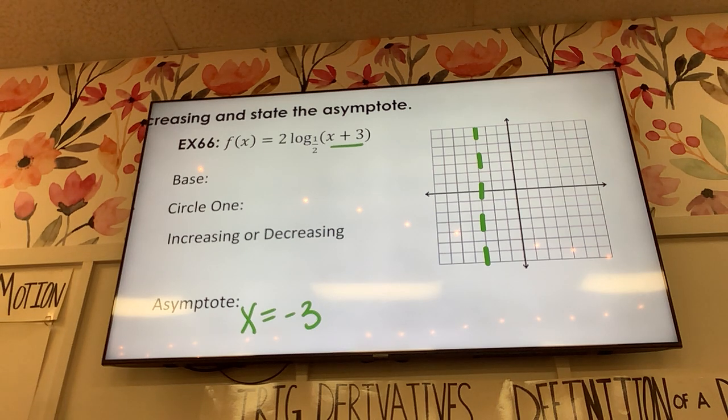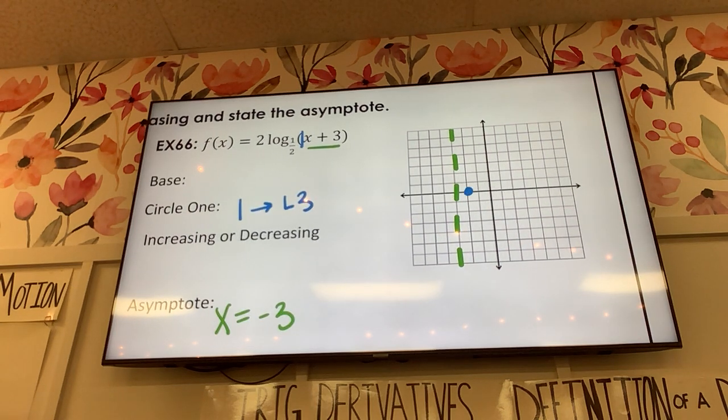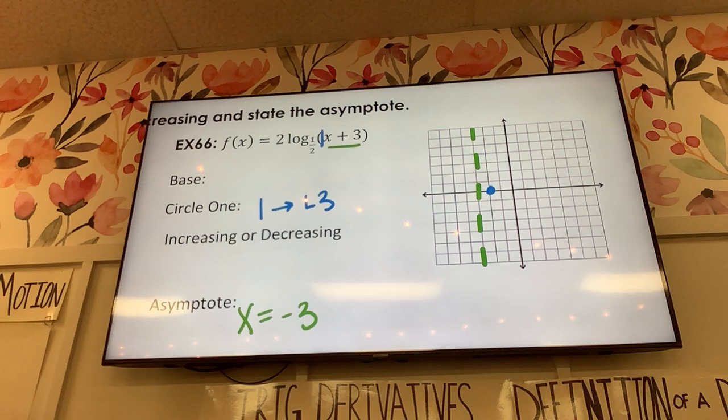All right, then I have to do my initial condition, which is coming from that understood 1 in front of the x. And it's getting shifted left 3. That's the only shift going on as far as the up, down, and the left, right. So normally we start at 1, but then we're going to go left 3. So your initial condition will be right there.